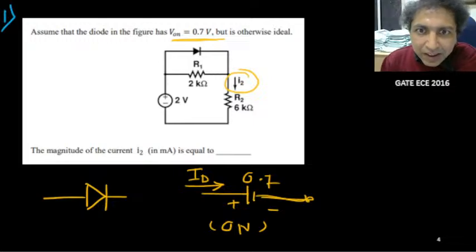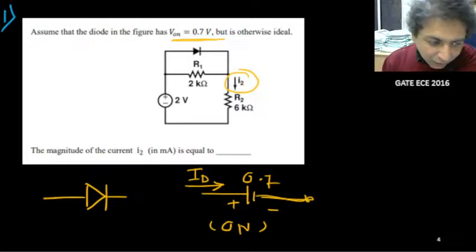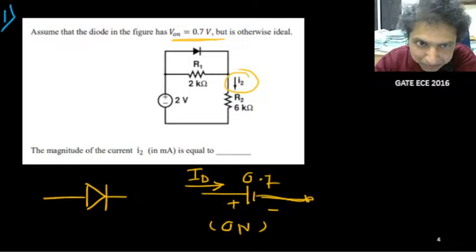Okay. Now, here, can you solve? Can you tell me what is the, yes, you are saying that 0.21 milliampere. I think there is a little issue. Why is it 0.21?